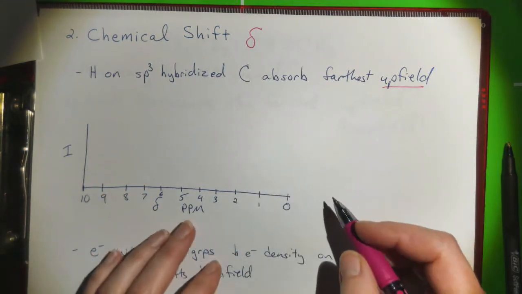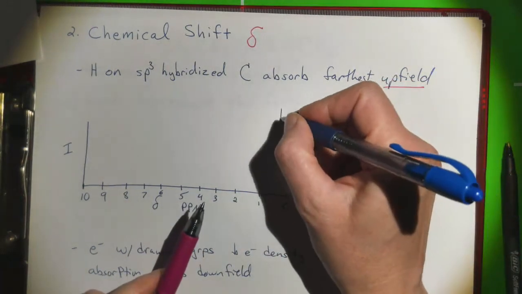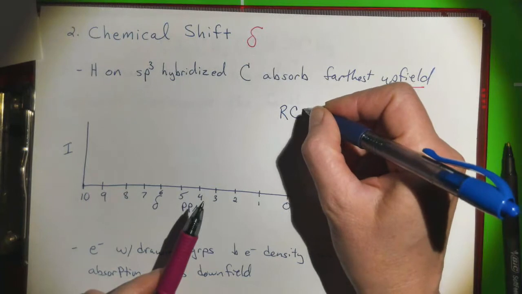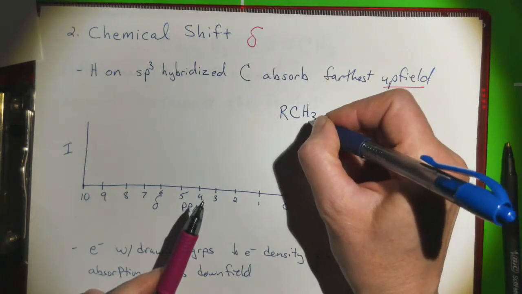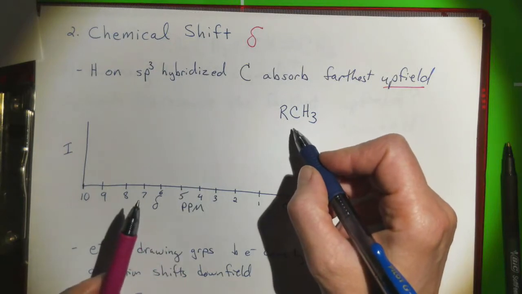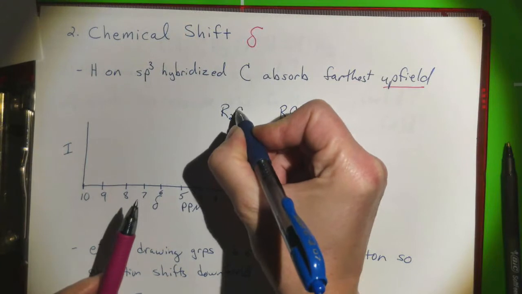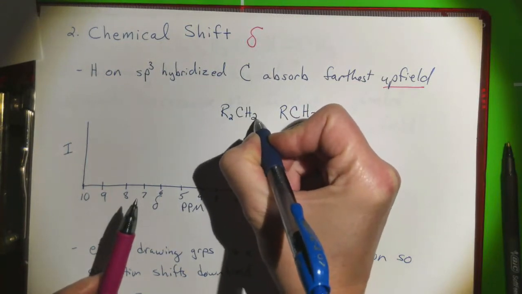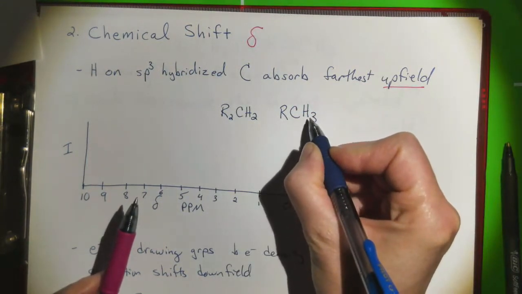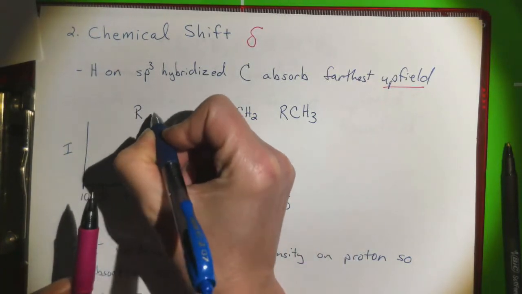And if we wanted to compare, so let's take a primary carbon. Okay, so here we've got primary carbon versus secondary. So here's our methyl group, here's our methylene group, and now let's have a methine group.